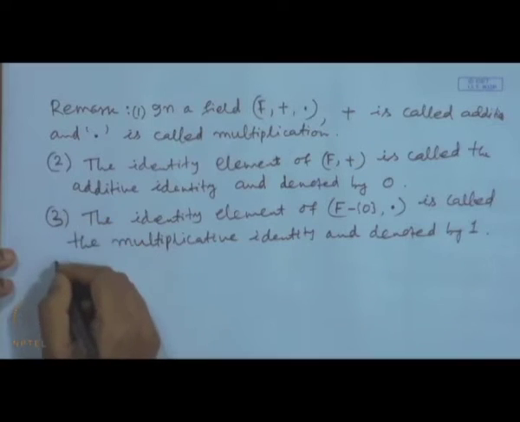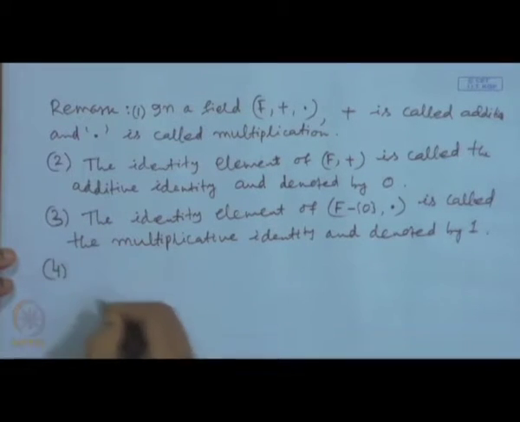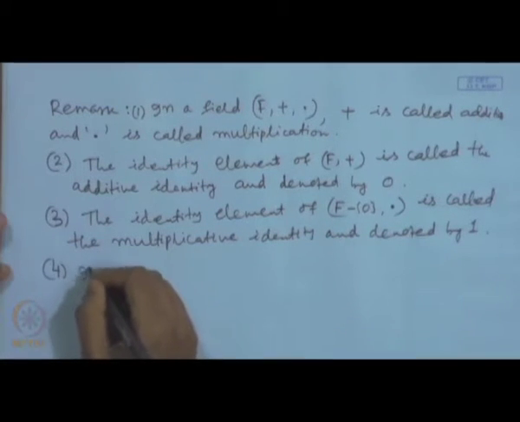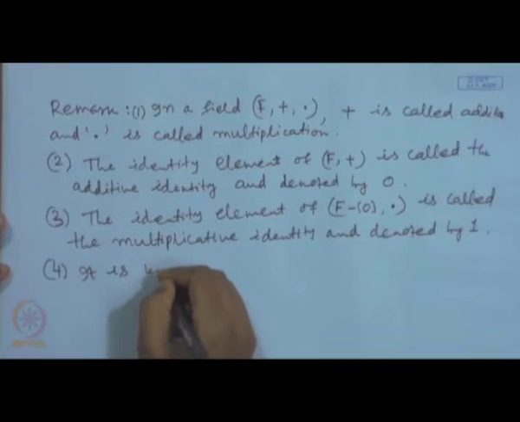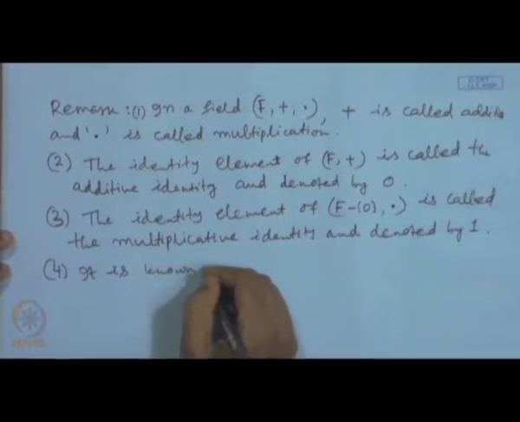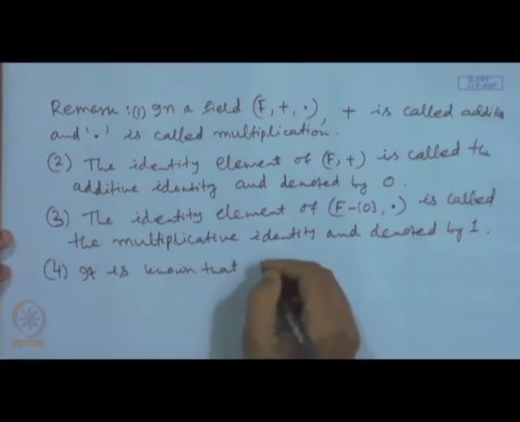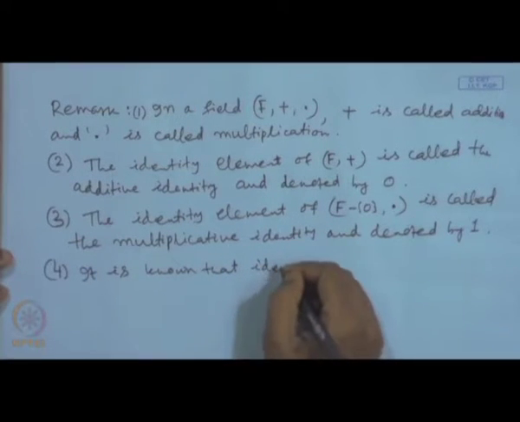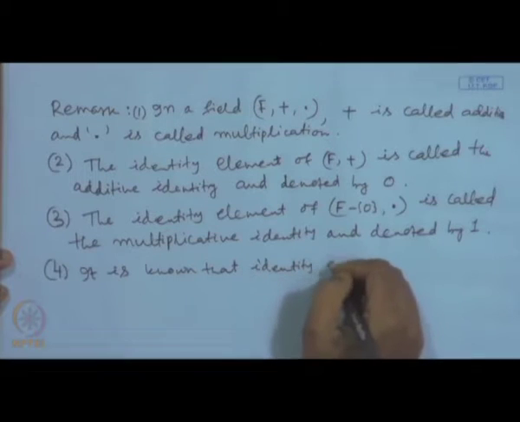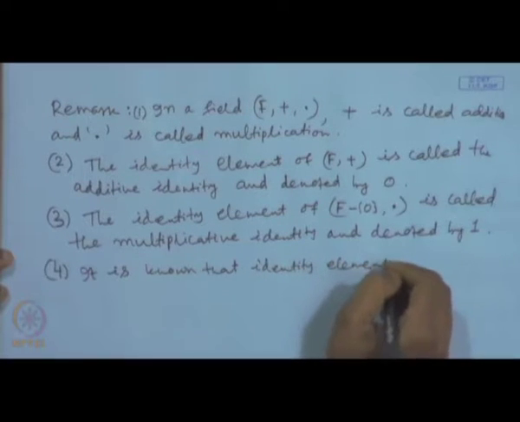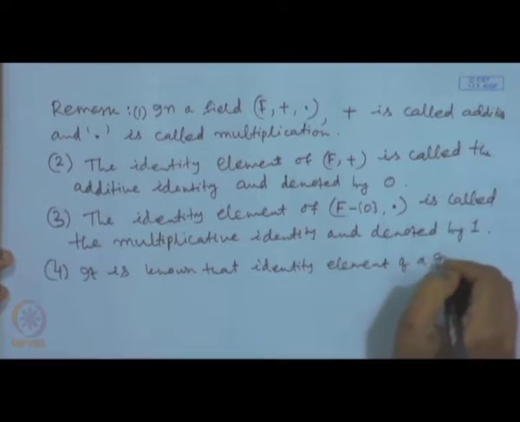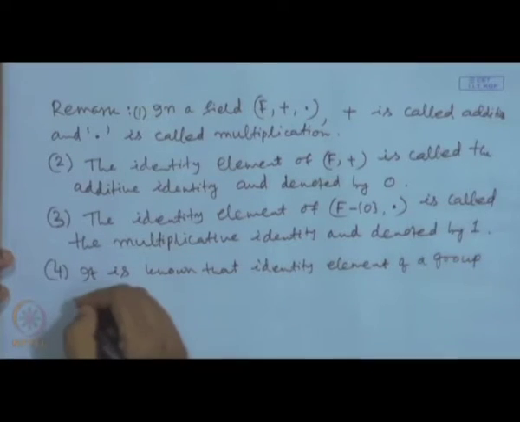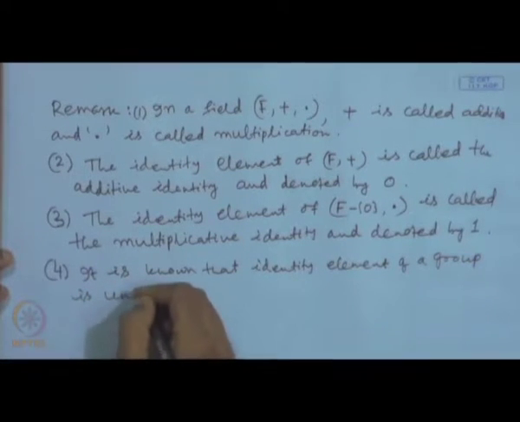Okay, then the fourth remark is like this: it is known that the identity element of a group is unique.